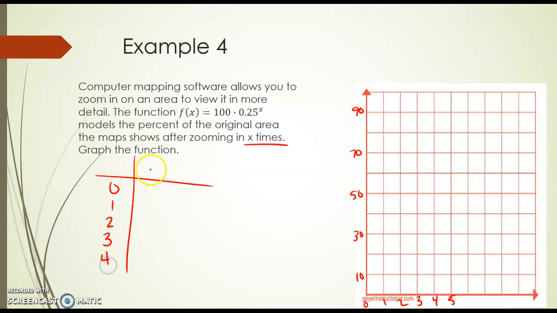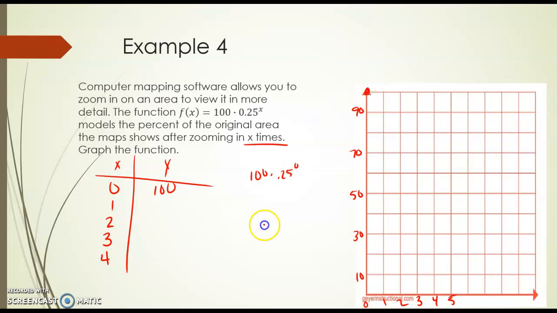And then we're going to plug in. So this is my x, and then we're going to find my y. So we're going to take 100 times 0.25 to the 0 power. Anything to the 0 is 1, so we end up with a y of 100. So we have a point at 0, 100 right here at the arrowhead.